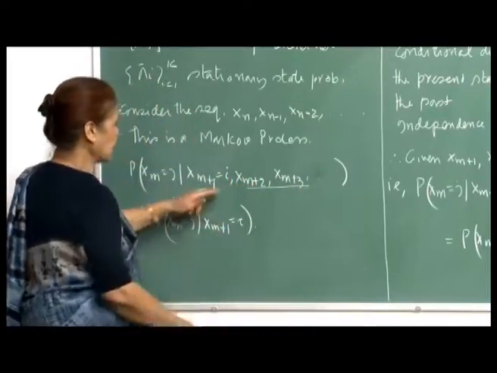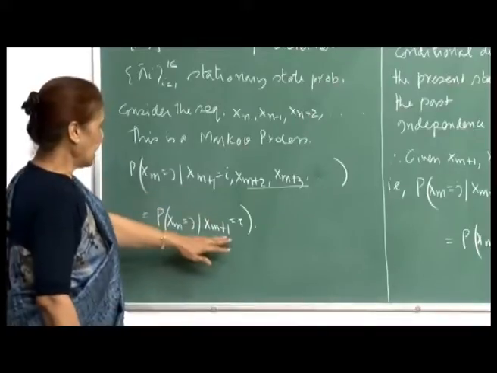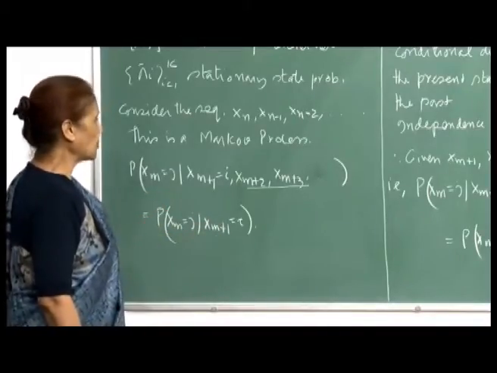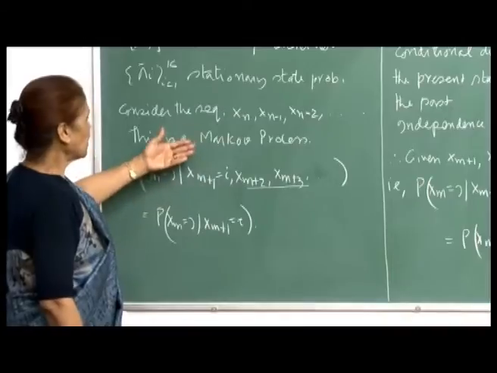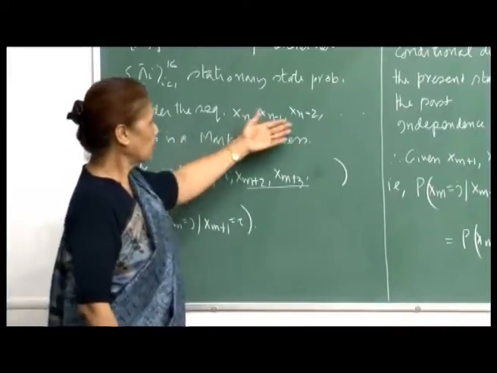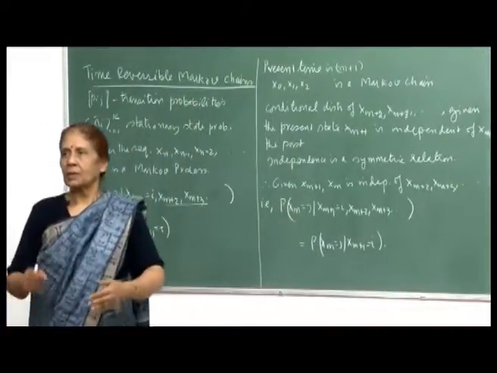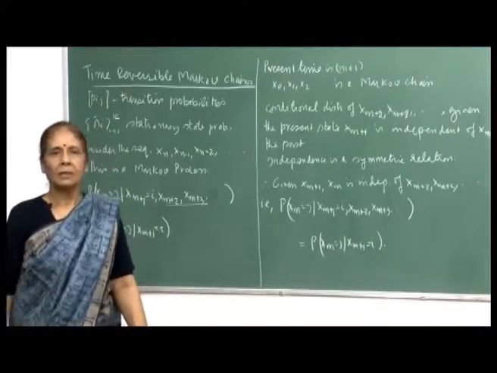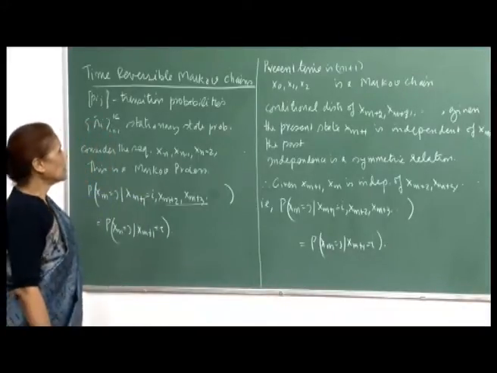It is only the current state that matters, and this is what you want to prove. If I show this, then it would imply that the backward process at any time will also be a Markov process.